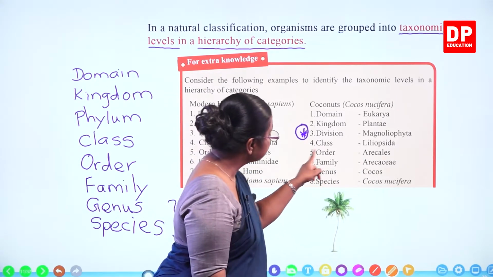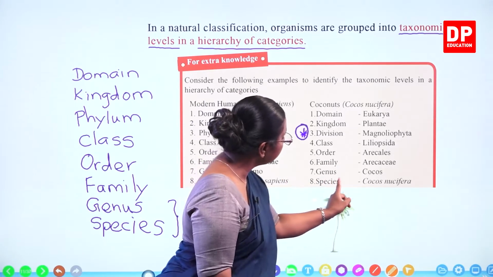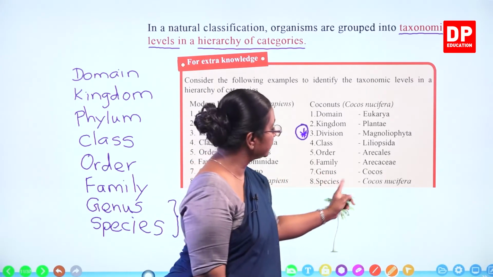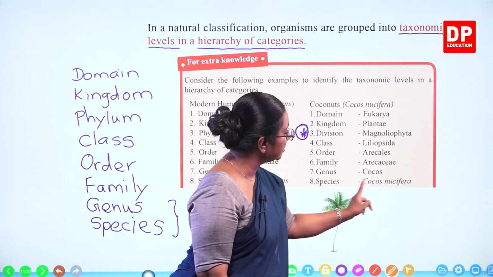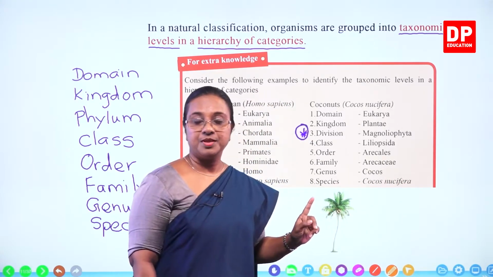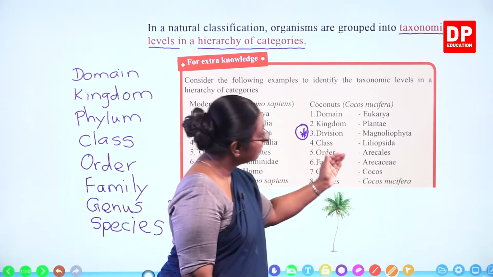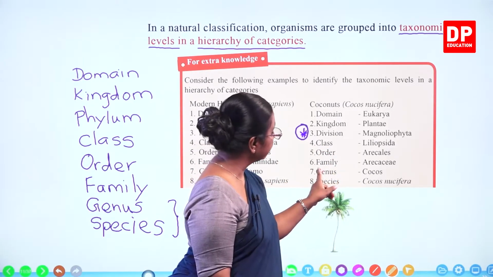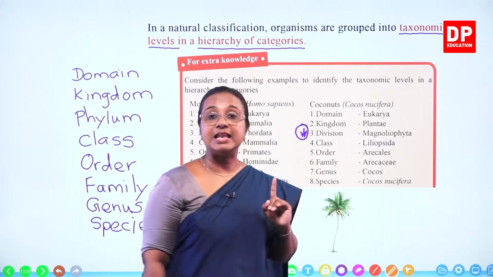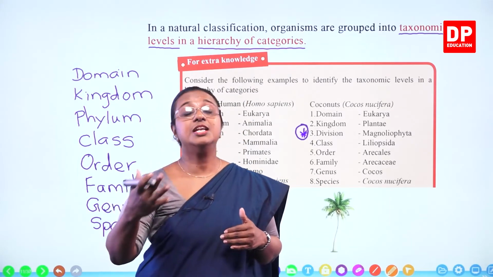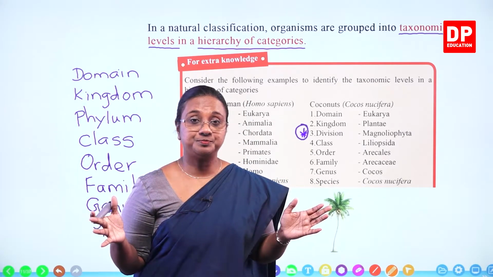So that is the family. Thereafter you come to genus. Genus is Cocos and species is nucifera. That is the only species of coconut palm plant in this genus. So Cocos nucifera, coconut tree.